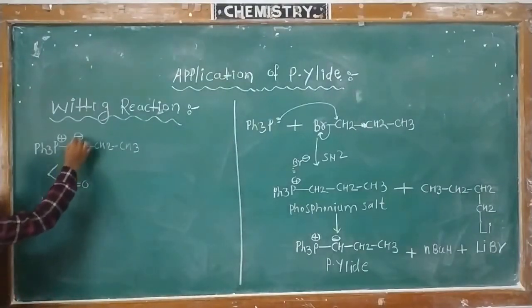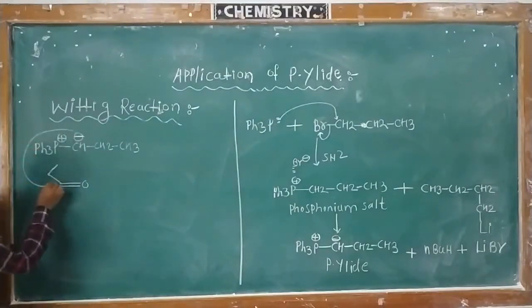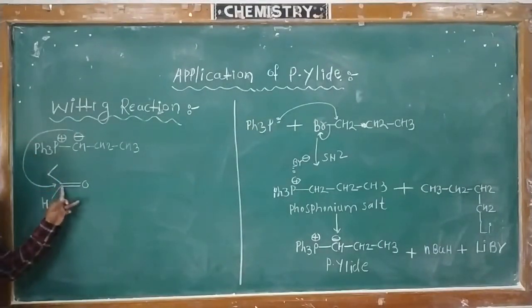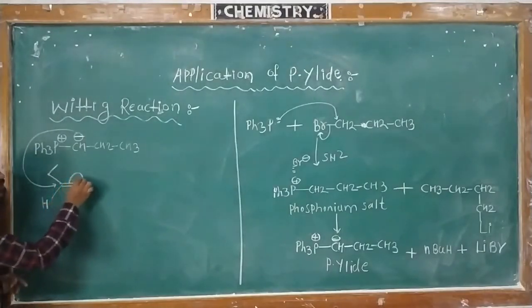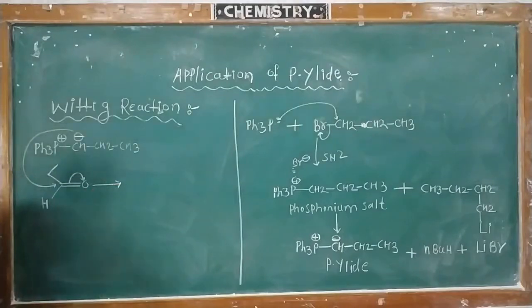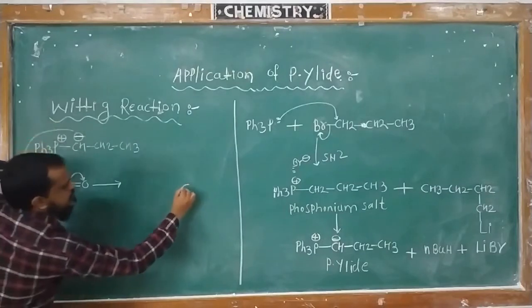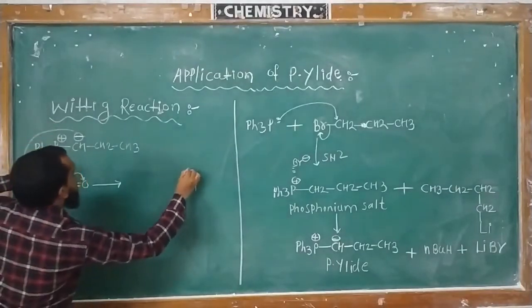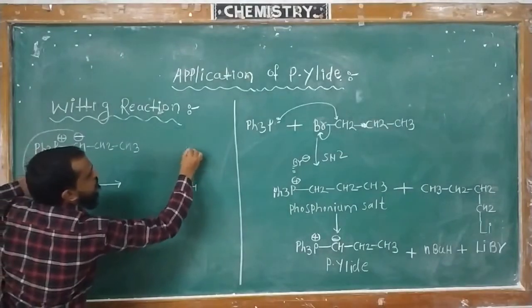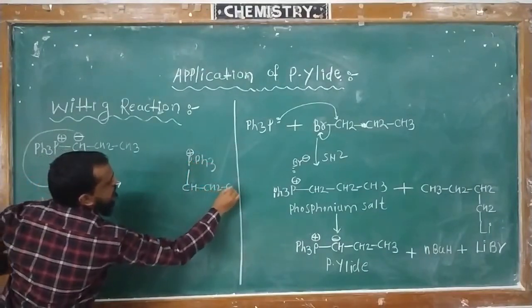What will happen here? The negatively charged carbon of the phosphorus ylide attacks this carbon of the carbonyl compound, due to which the bond between carbon and oxygen shifts toward oxygen. Okay, and we will get the first unstable intermediate like this: CH, P positive, Ph3, CH2, CH3.